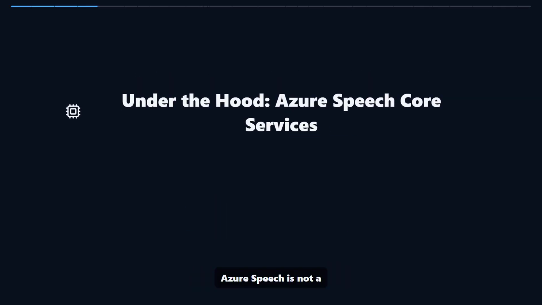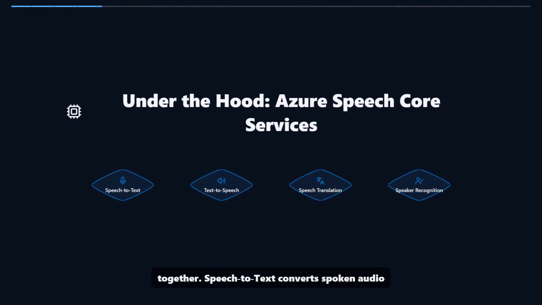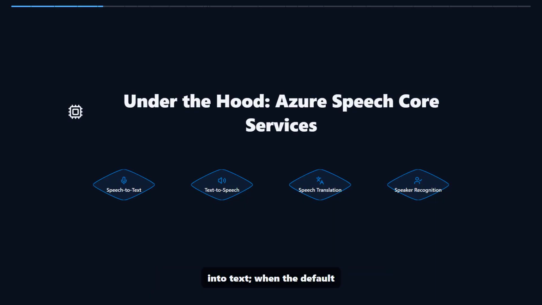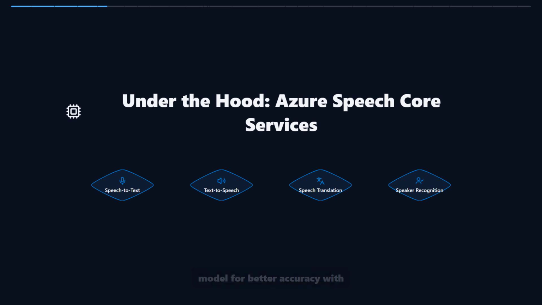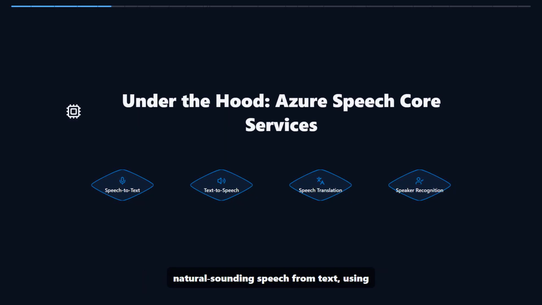Azure Speech is not a single API. It's a set of AI services working together. Speech-to-text converts spoken audio into text. When the default model doesn't fit your domain, you can train a custom model for better accuracy with your specific vocabulary. Text-to-speech generates natural-sounding speech from text, using custom neural voices.